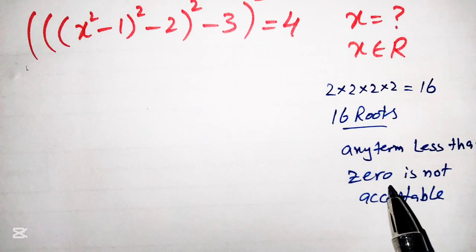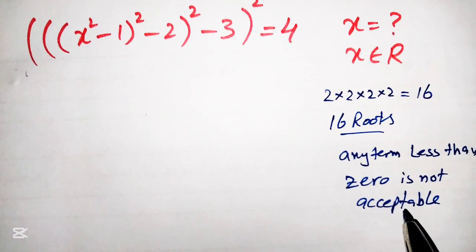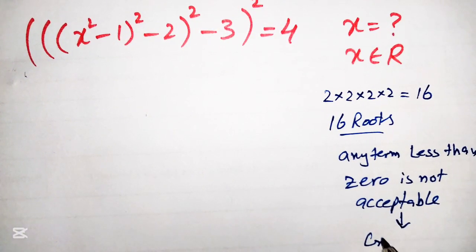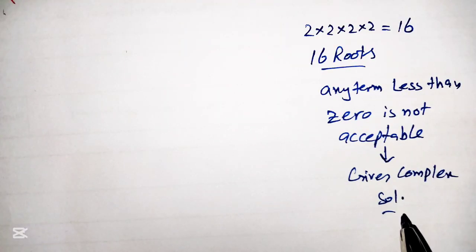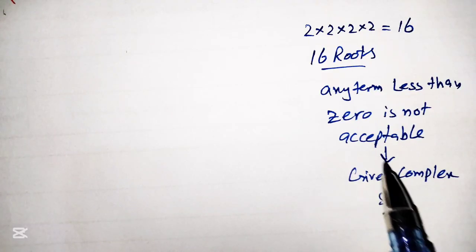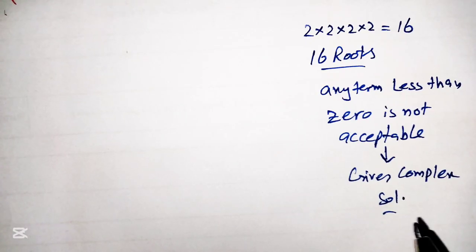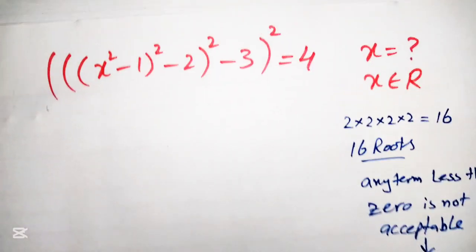If any root appears which is less than 0, after taking the square root it will become complex. So any term which is less than 0 is not acceptable, because it will give us a complex root on taking the square root. So let's start the solution keeping these two things in mind.